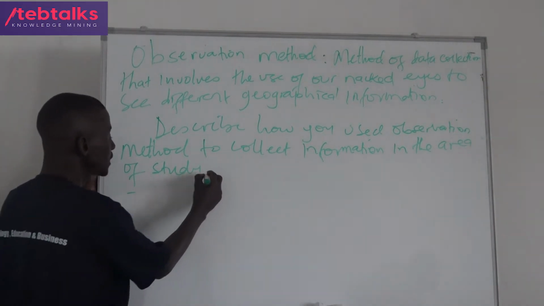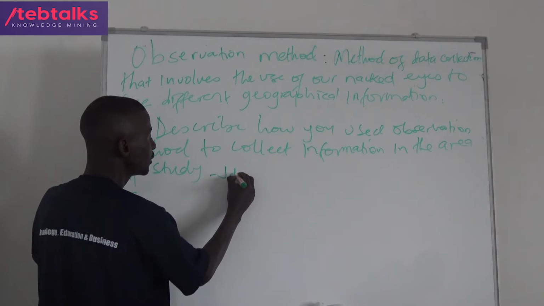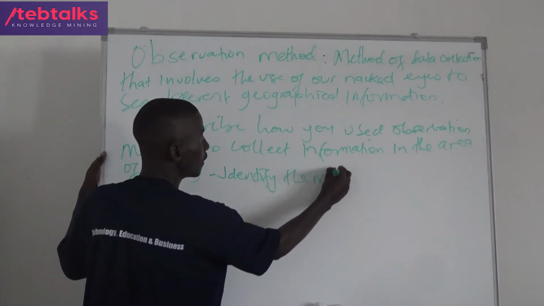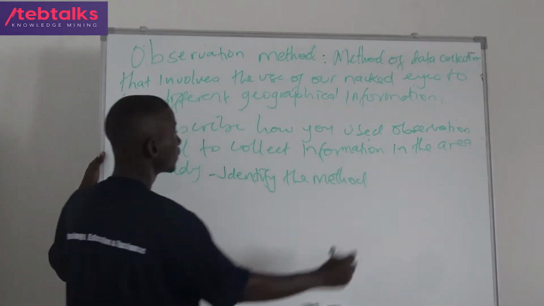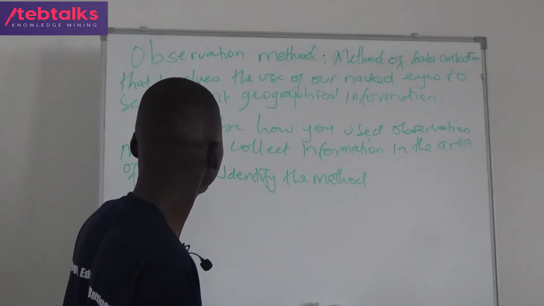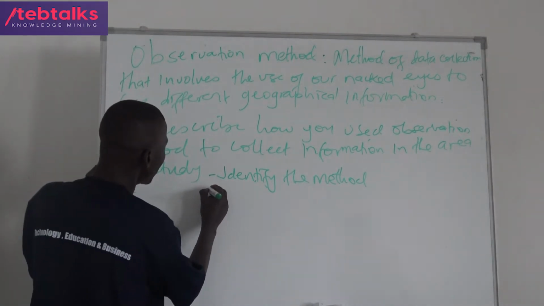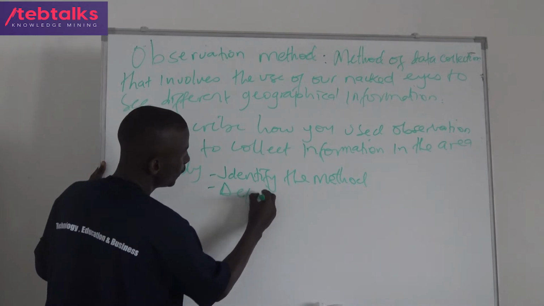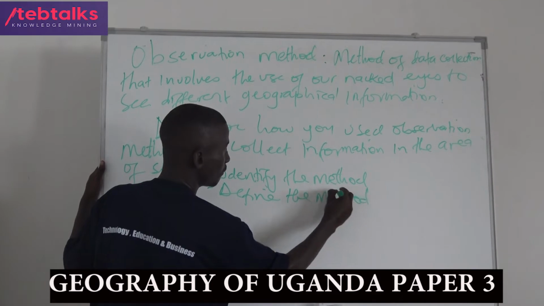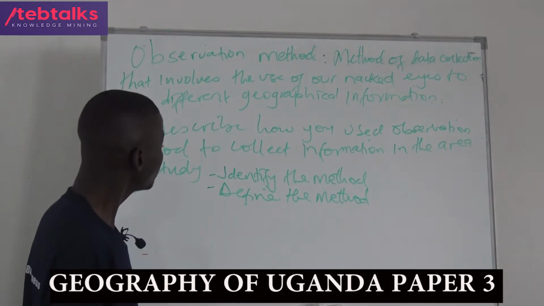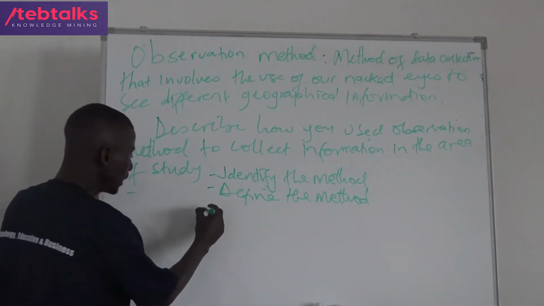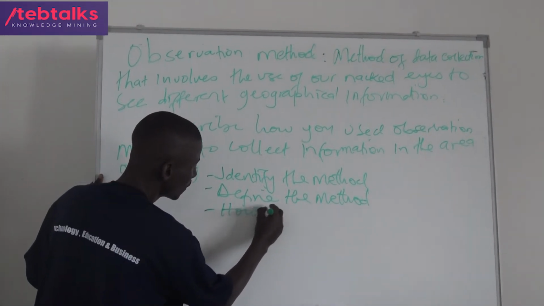So the first thing is you identify the method. The method is observation. Then after identifying the method, define that method. After defining the method, tell the examiner how it was used.